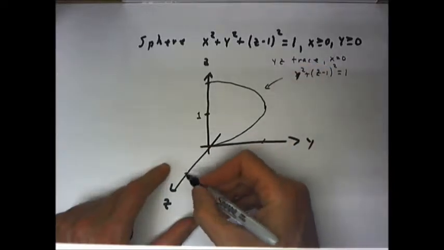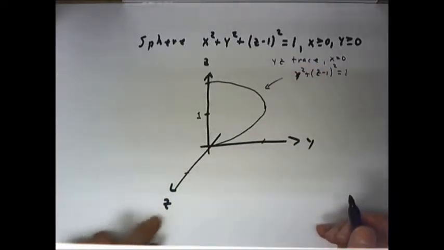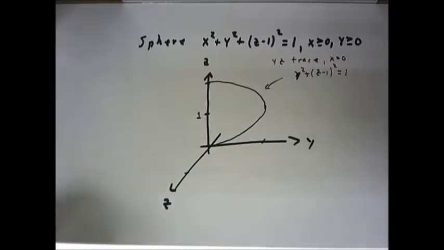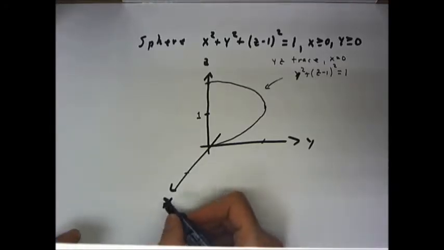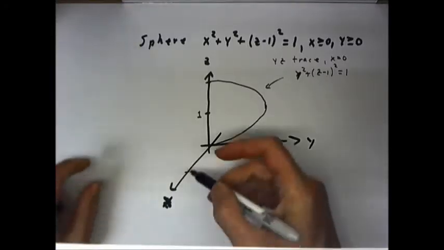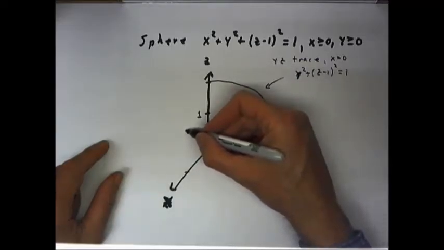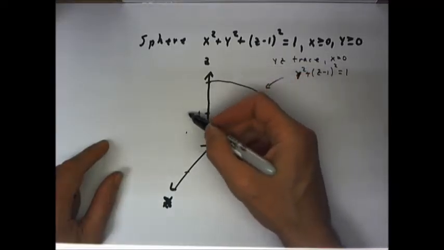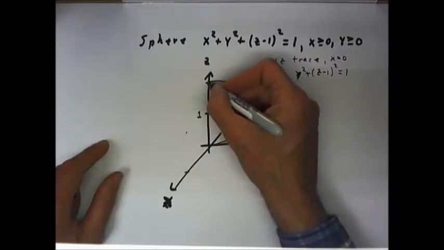Now I said I'd do the trace in each of the coordinate planes. Well, I can do the trace in the XZ plane. It looks like I've labeled my x-axis as Z. I'm going to write over that, but we'll fix that again in a minute when we pause. We can come up 1 unit above this point. That puts us about here, and our sphere will come out like this.